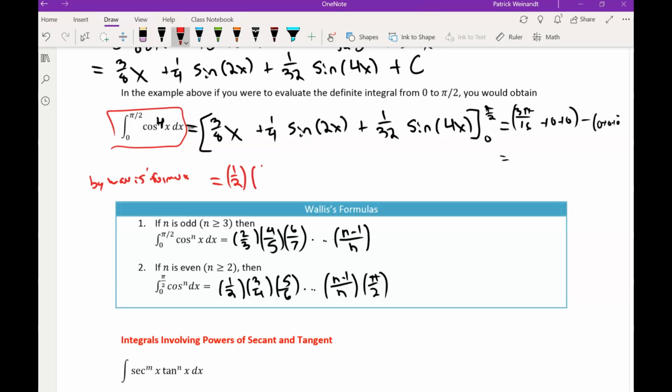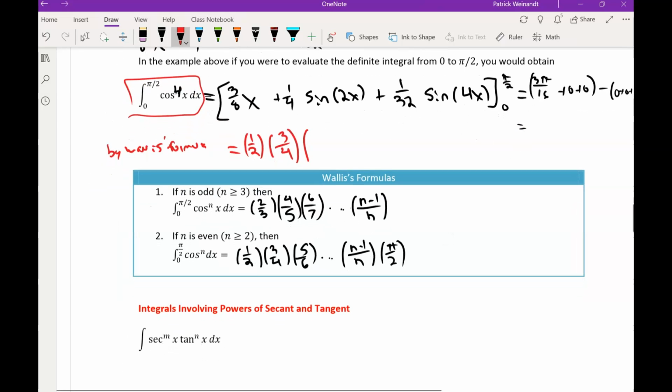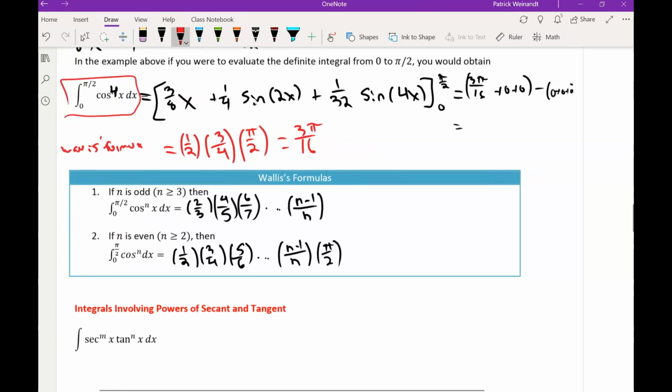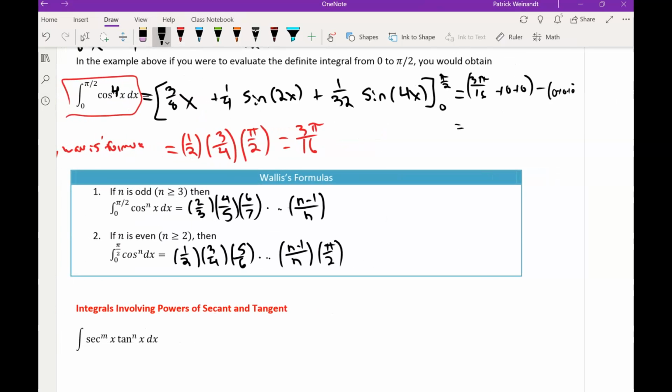Well, this is going to be 3/4, and I have gotten to the point where my denominator is the same as my exponent. And since it's even, I have to multiply by pi over 2, and I would get 3 pi over 2 times 4, or 3 pi over 16, which is what we got. That's what we would have gotten here if I just added all those zeros. So you can use Wallis's formula as a shortcut if you have something in that structure.